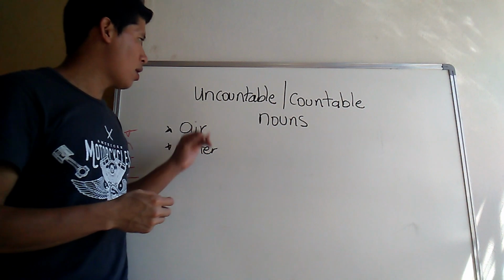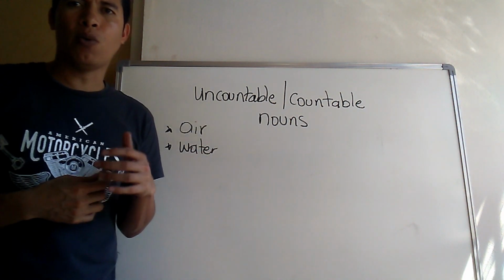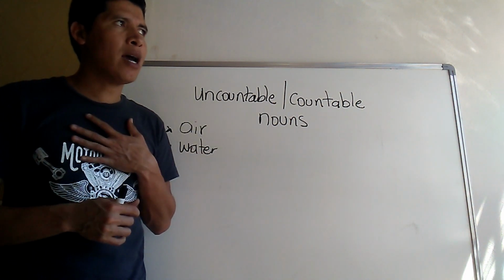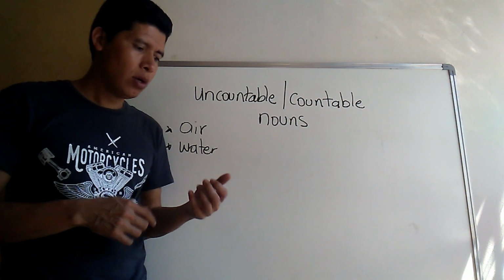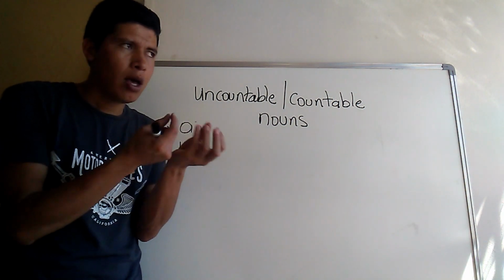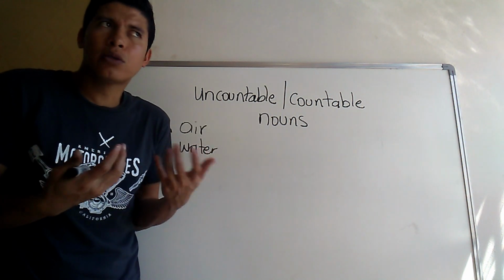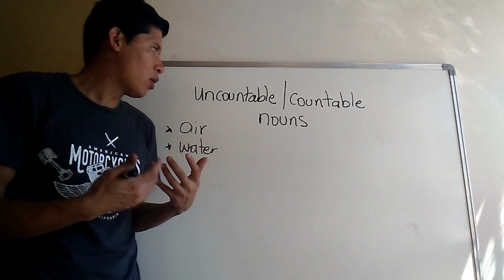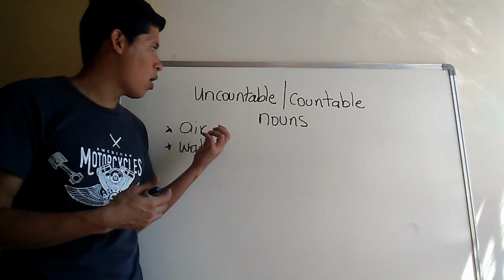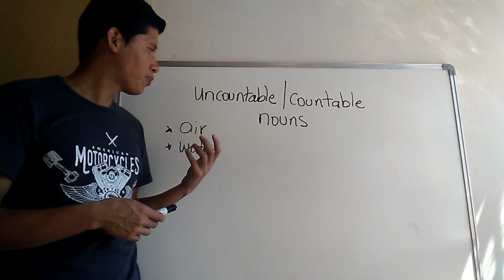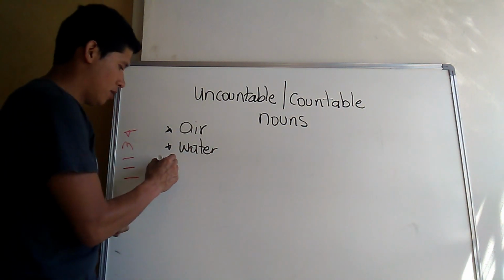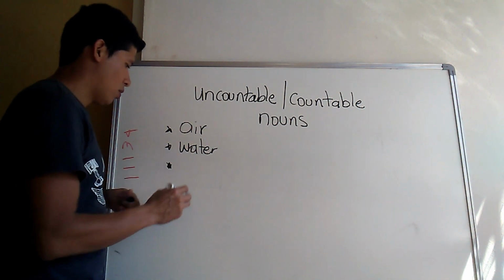Water is an uncountable noun. Why? Because I can't count the water: 1 water, 2 water, 3 water. No, we cannot count the water.